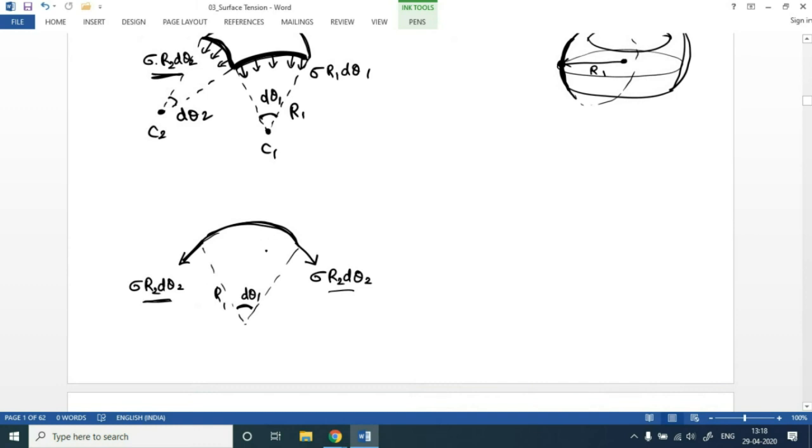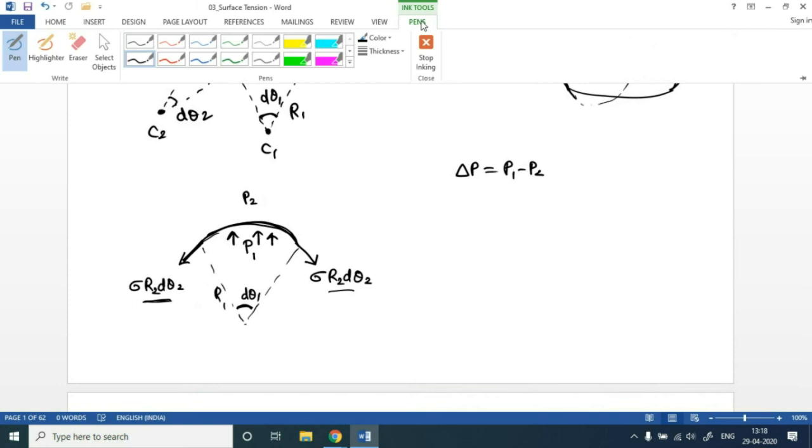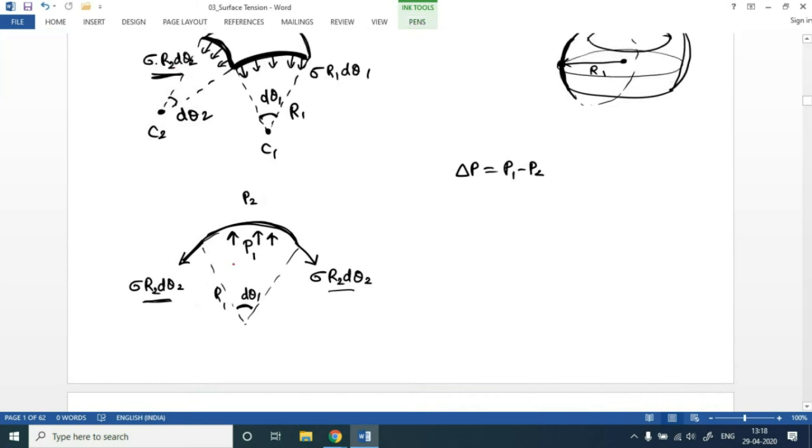In order to balance that, there must be some pressure difference. Let's say this pressure is p1 and this pressure is p2. So the pressure difference, delta p, is p1 minus p2. A force would be acting in this direction, balancing this surface tension force. This force is going to be delta p times the area of this surface.